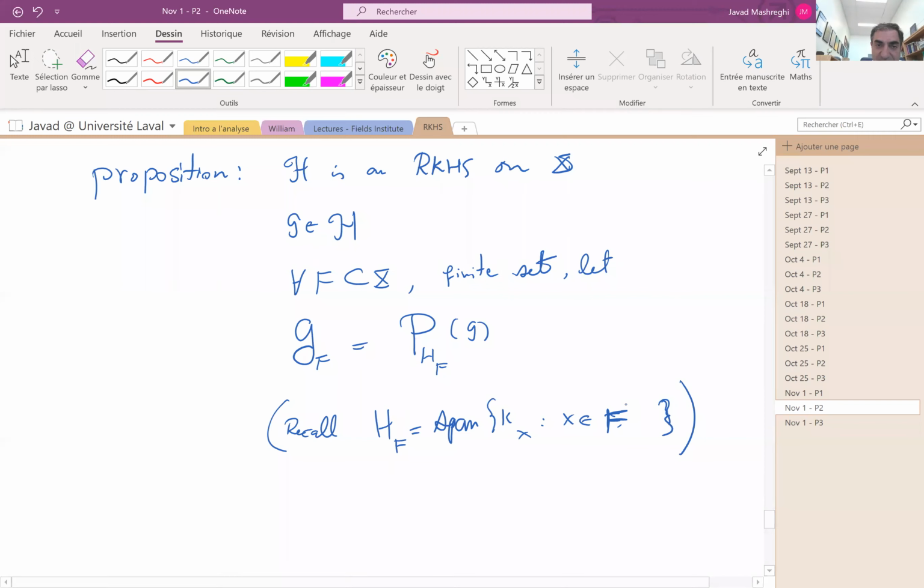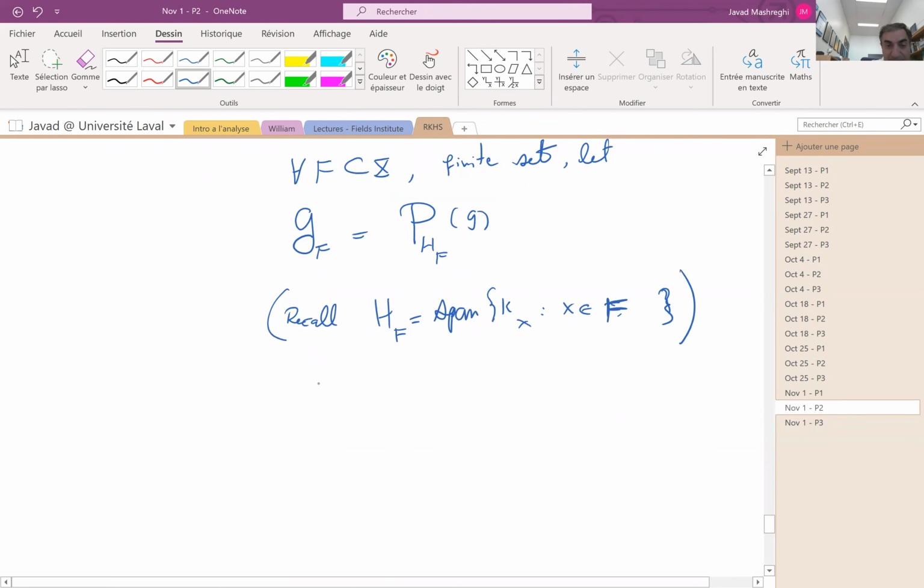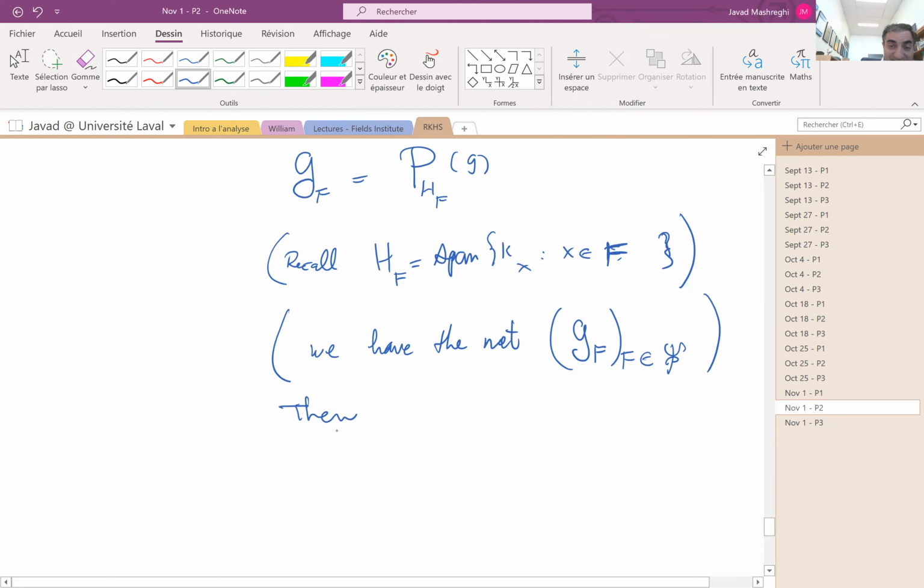So for each finite set, we project G onto HF. So now we have the net G index F, when F is in the set of all finite subsets of X. And here is the result. Then this net converges to G.